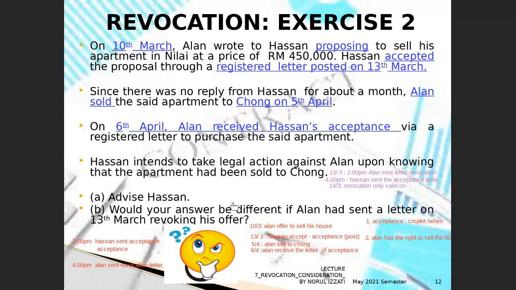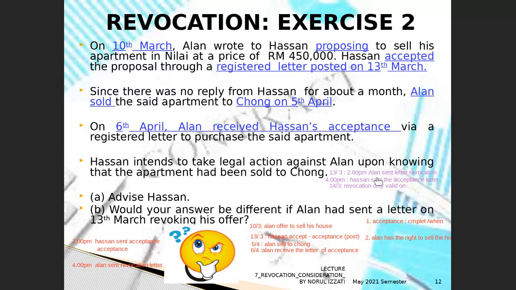Alan is not able to revoke the offer, because the communication of revocation only makes the revocation valid. That is according to the explanation under section 5 on how acceptance is made, and section 6 as well.